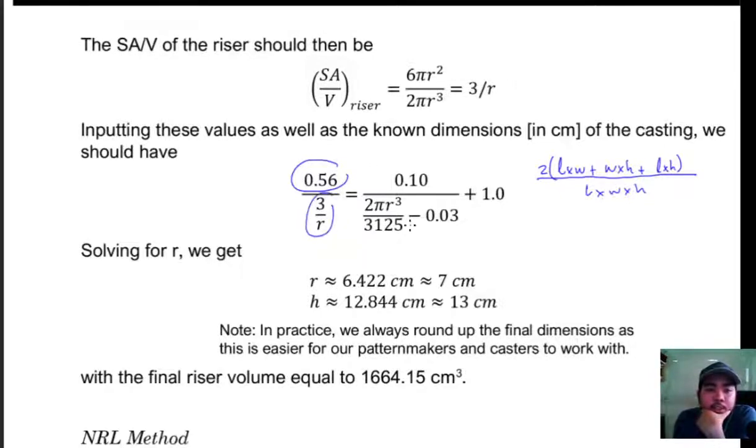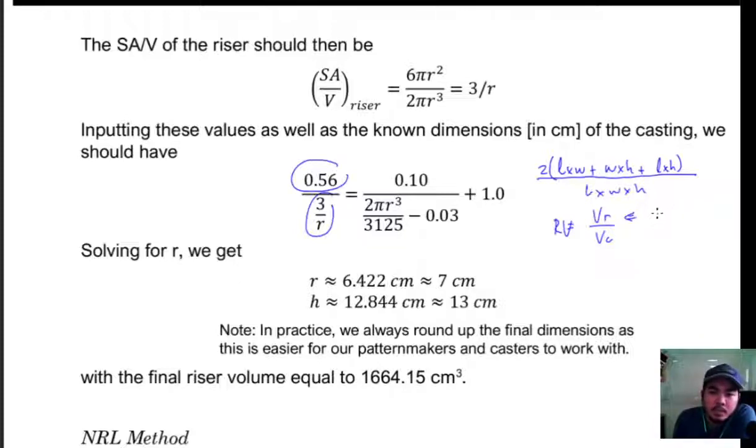Okay? Now, if you have 0.56, tapos etong surface area over V natin ng riser is 3 over R, then we express the relative volume also in terms of R. So relative volume again is just equal to yung volume ng riser over volume ng casting. Volume ng riser is again 2 pi r cube. That is the volume of a cylinder.